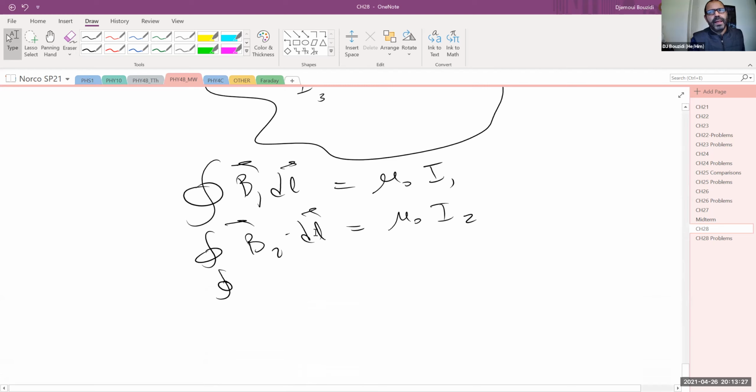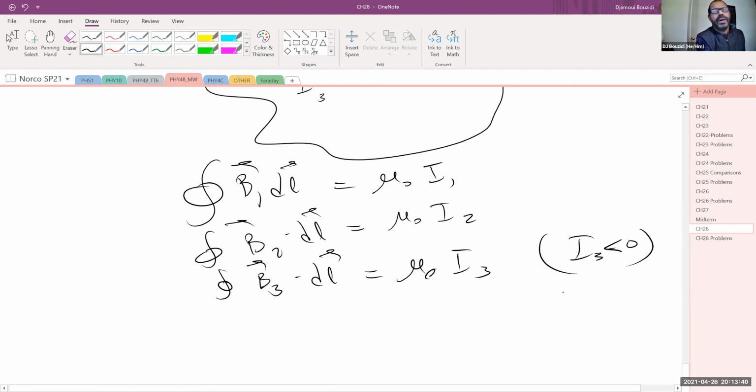So the integral of B3 dot dL is going to be mu naught I3, assuming that I3 is negative. Because we're going counterclockwise, which is the positive direction, always circulate around. And any current we trap coming out is positive, any current going in is negative. So this is the convention.